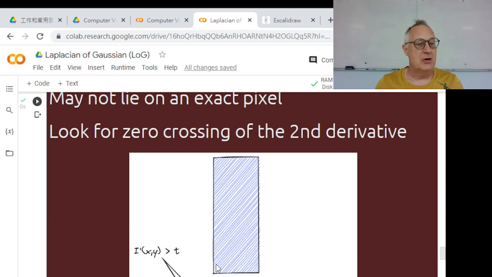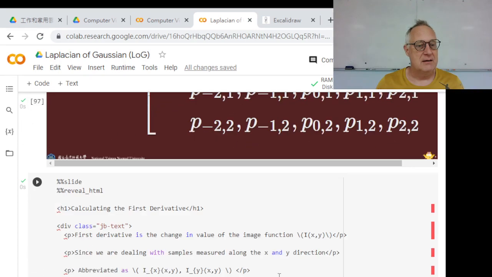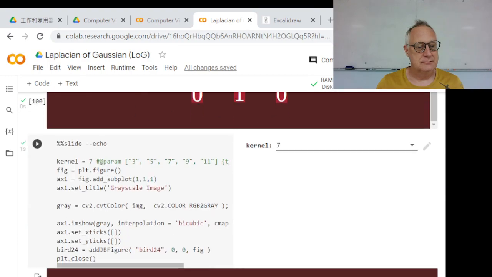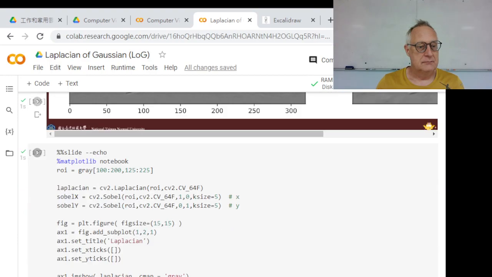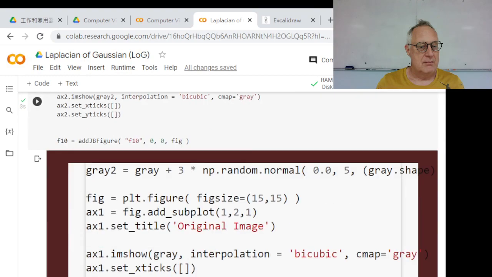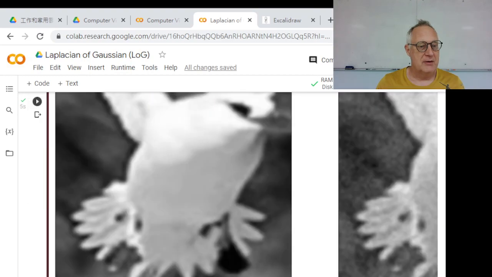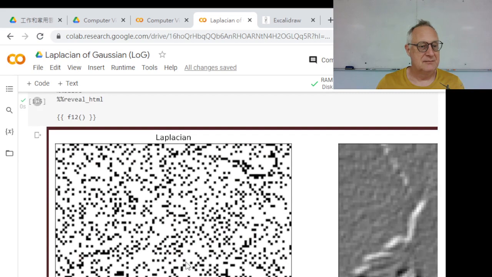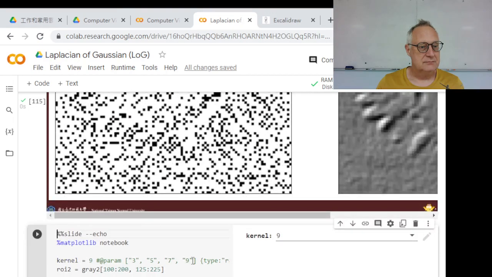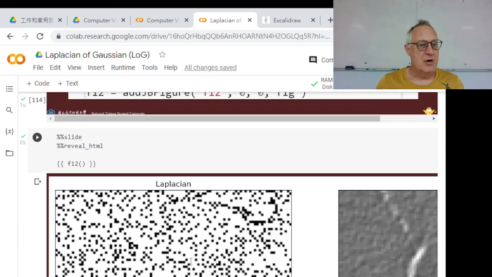So if we have noise and then we add a pixel or we subtract a pixel, we're going to introduce thousands of edges into our image, which is what happened here. There are edges everywhere now, right here. So how can we solve that particular problem?